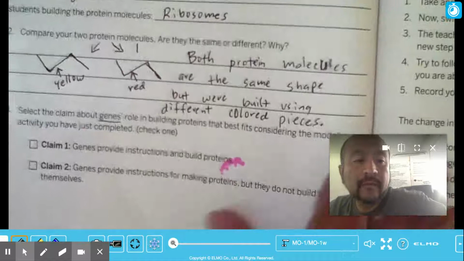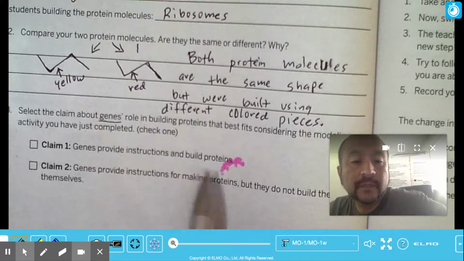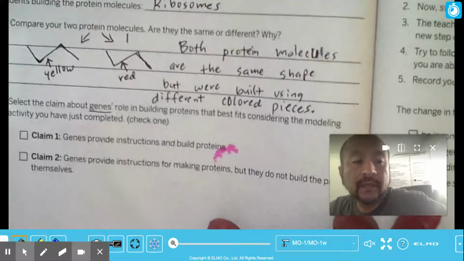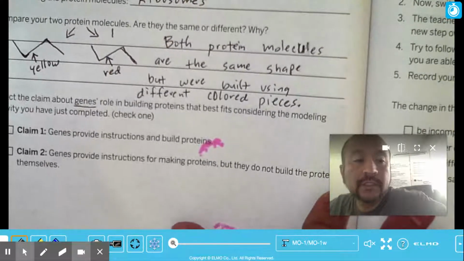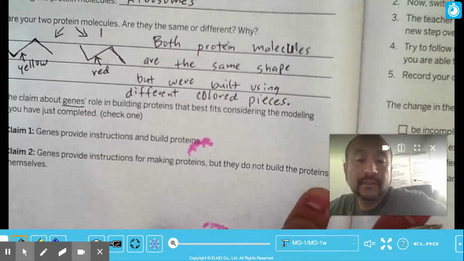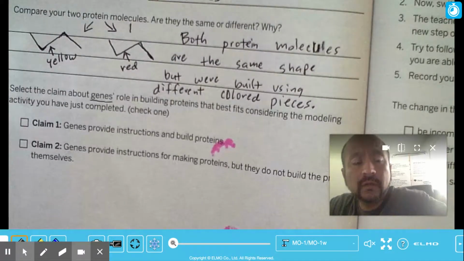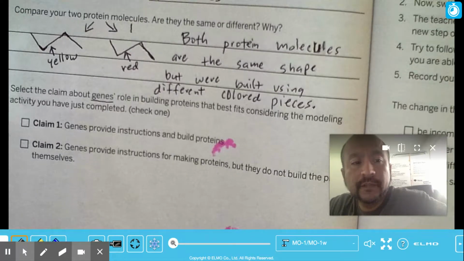Claim number 1 reads, genes provide instructions and build proteins. And claim number 2 reads, genes provide instructions for making proteins, but they do not build the proteins themselves. So which claim do you think is true?